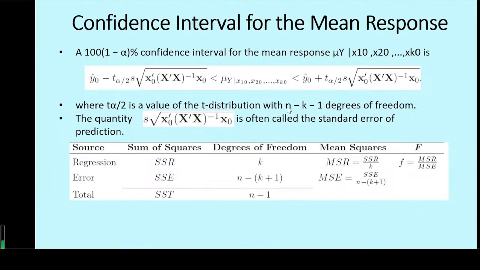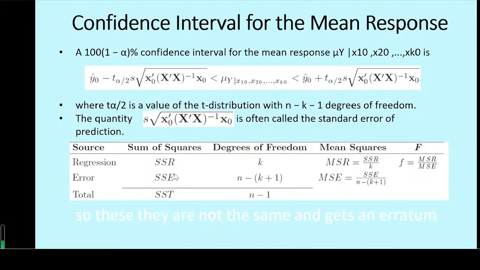And how to calculate S? If we look at the ANOVA table in multiple linear regression, we look at SSE, which is the sum of squared errors. The error is the difference between the observed y value and the estimated y value for an individual x variable, right? So this is from the observations. For all observations, we can get the error between the observed y and the fitted value.